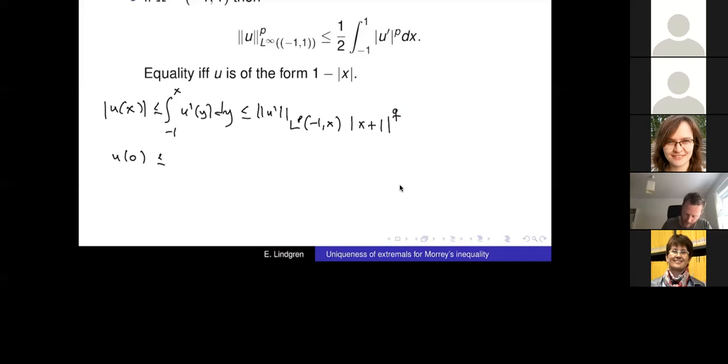So it's just bounded by the L^p norm from -1 to 0. And then maybe it's not hard to believe that you would have some symmetry on this set, which is very symmetric. So in that case, if we have symmetry, this will be 1/2 of u prime over the full interval.